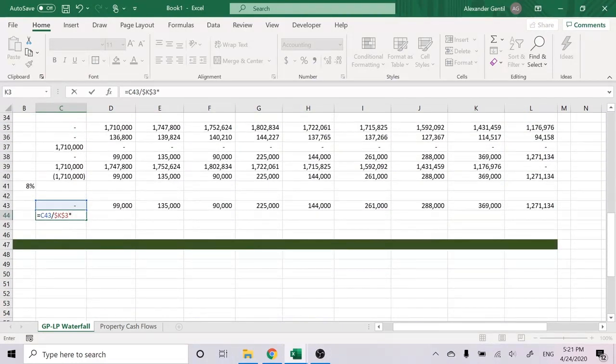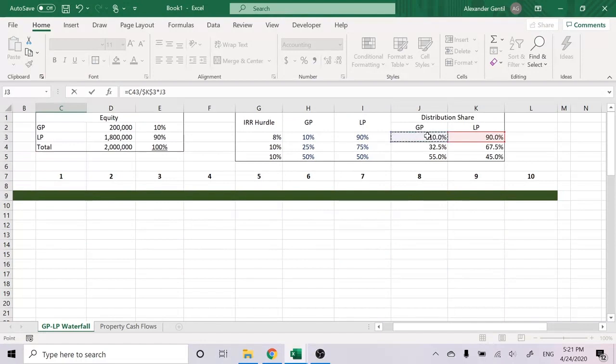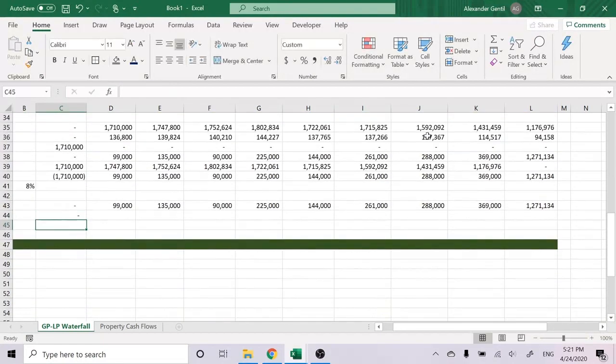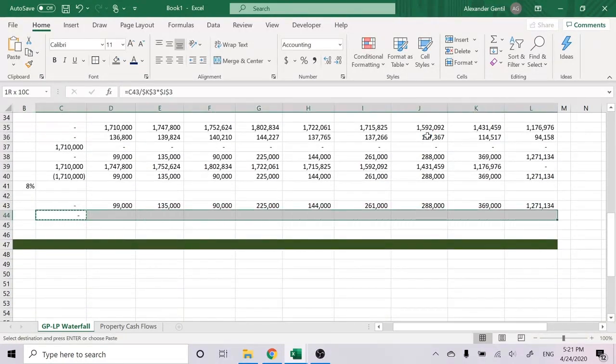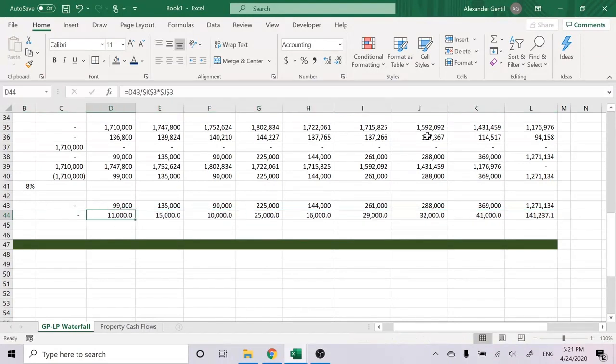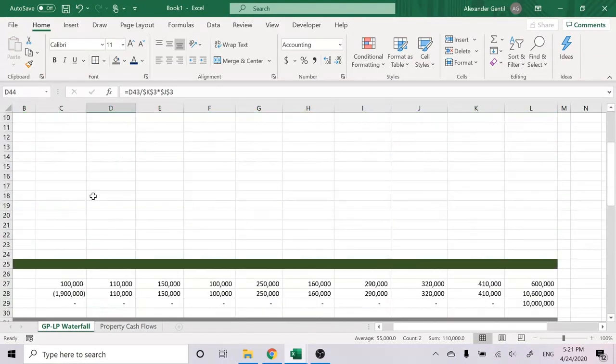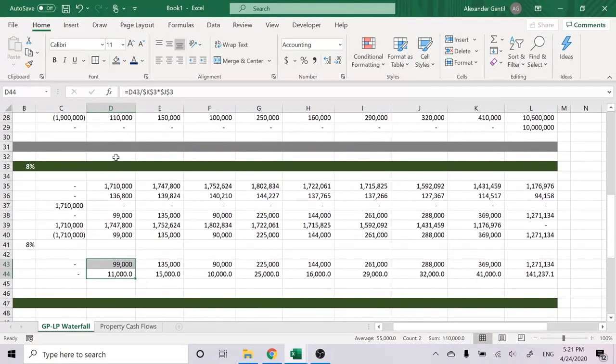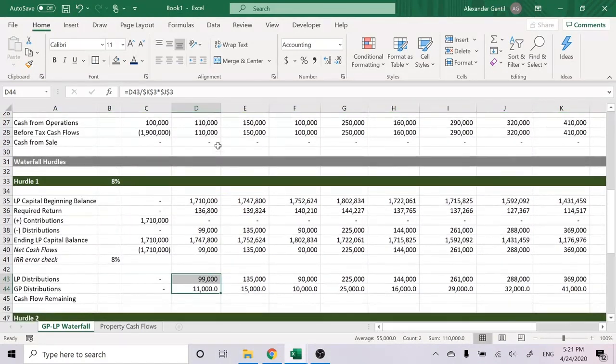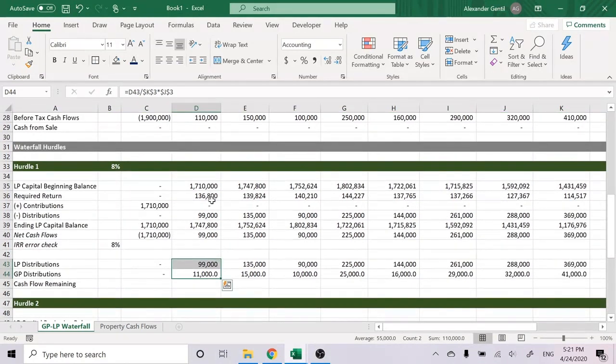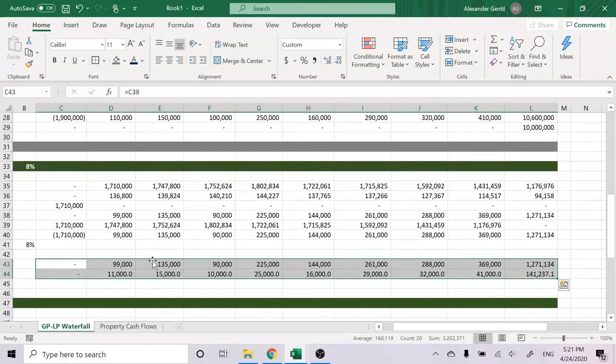Okay? And then we multiply that by the GP share. Okay? Alright. And one way you can check this is that, here at 110, since it's 90-10, these two should equal that. Okay? 150, etc. Alright. So let me just focus on some formatting here.